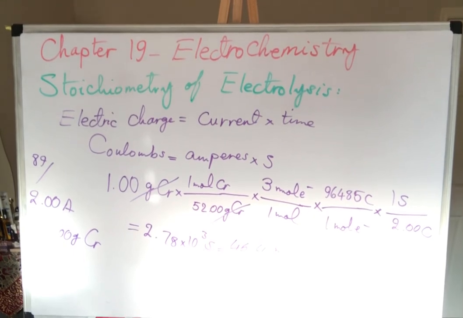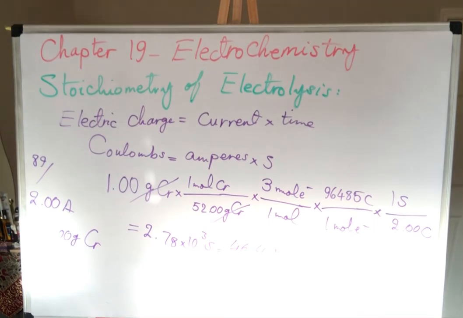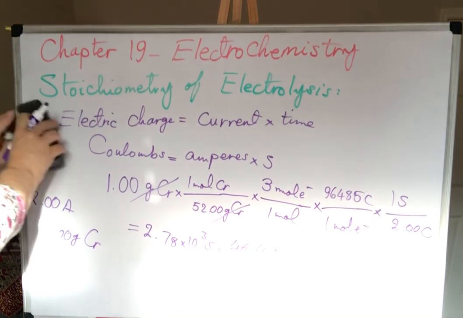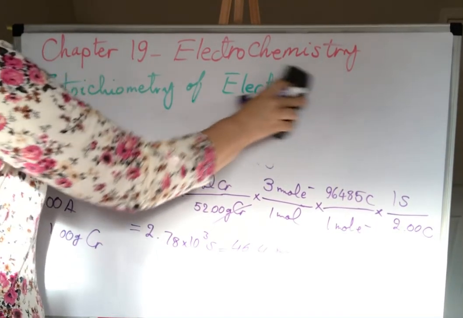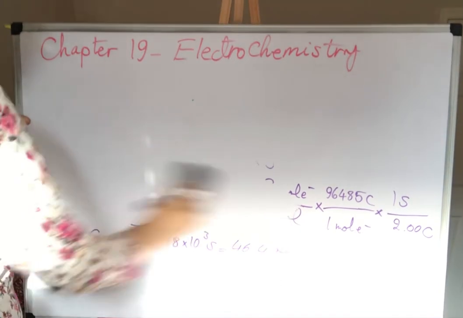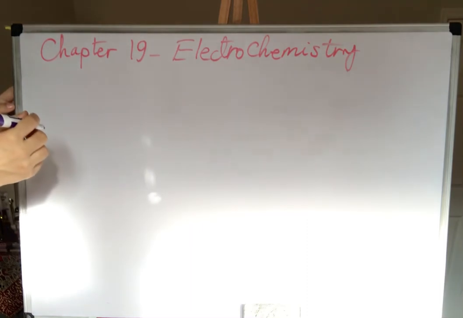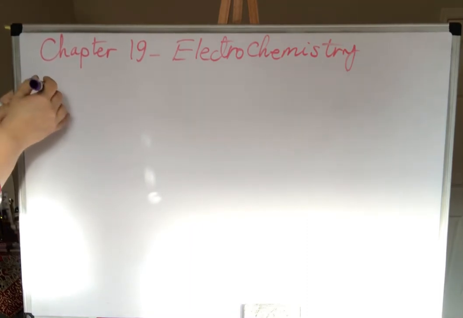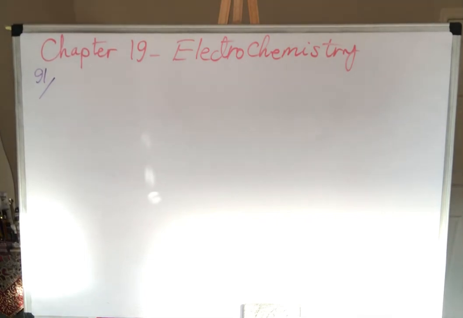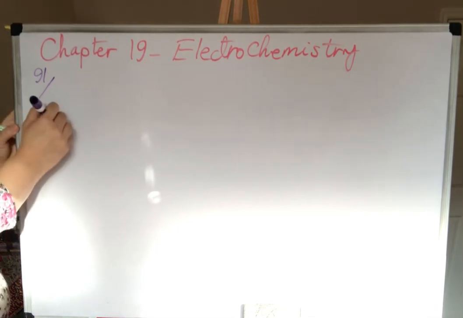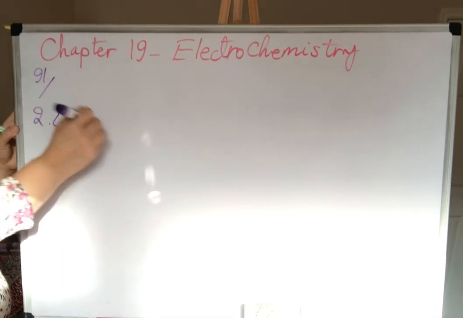And finally, you have a solution of nickel salt. The last question you have at this point, slide 91. A solution of nickel salt is electrolyzed to nickel metal by a current of 2.43 amperes.